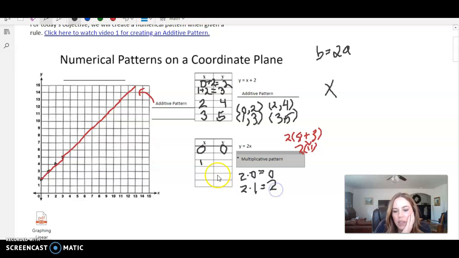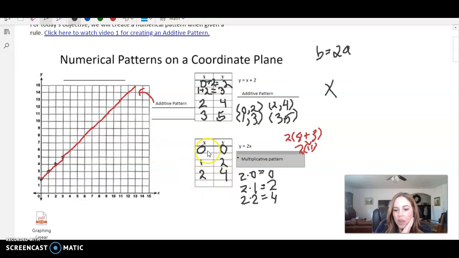It is 2. So every time x is 1, then y is 2. And let's keep going. Let's say x is 2. So instead of putting x, I'm going to put 2. So 2 times 2, and that would mean 4. So when x is 2, y is 4.